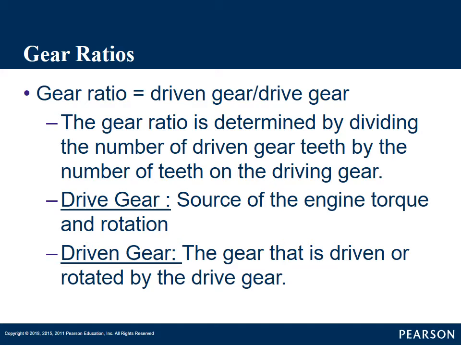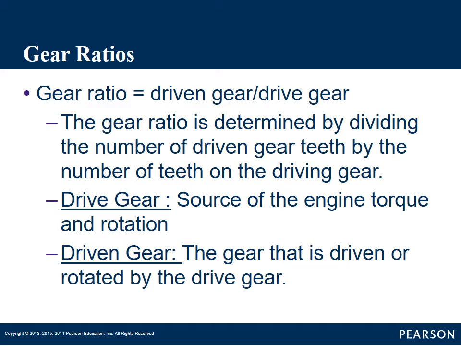A gear ratio includes a driven gear and a drive gear. The drive gear is obviously the gear where the power is coming through. It's the source of the engine torque and rotation. The driven gear is rotated by the drive gear. So that would be like your output device. If the input is the drive gear, the driven gear is the output.